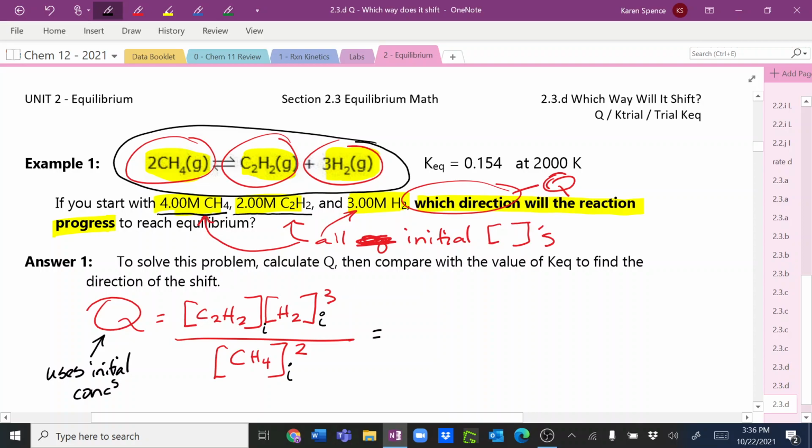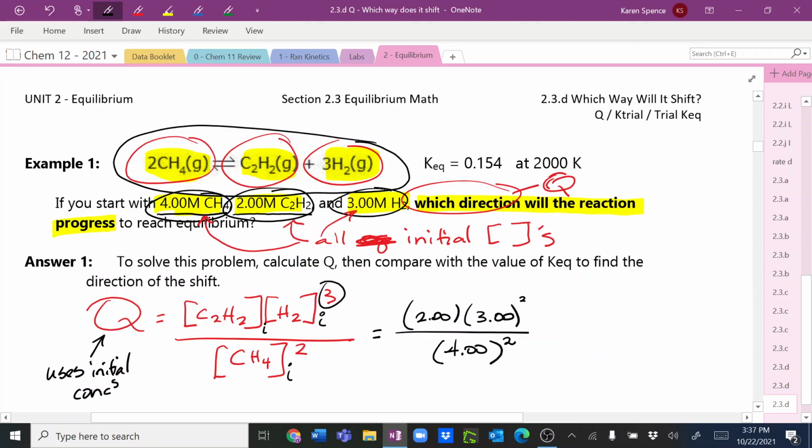Plugging in our values, C2H2 is 2.00 molar, and H2 is 3.00 molar, and CH4 is 4.00, and that one I have to square, and I forgot to cube my hydrogen, so I'd better do that before I carry on.